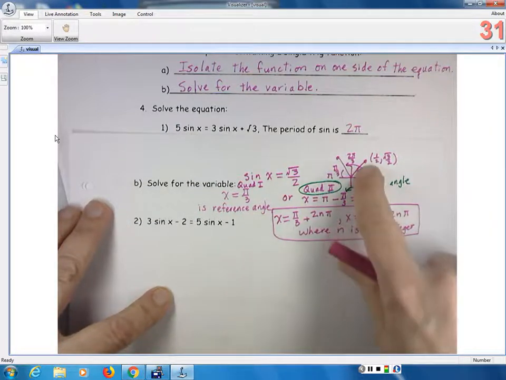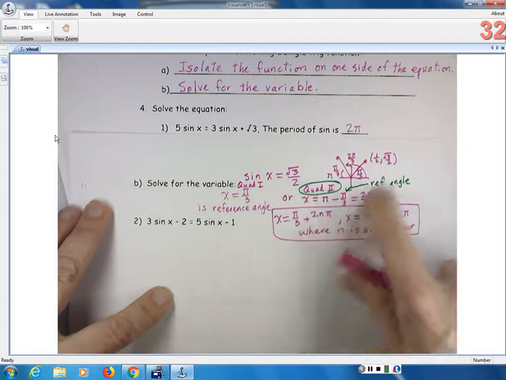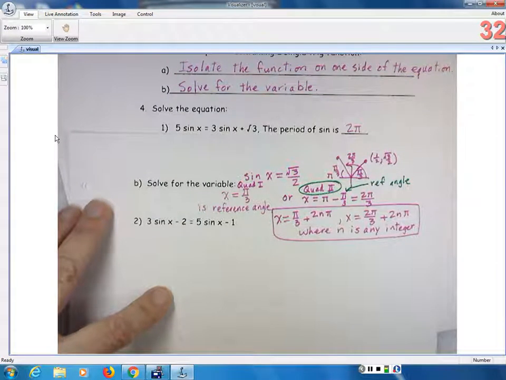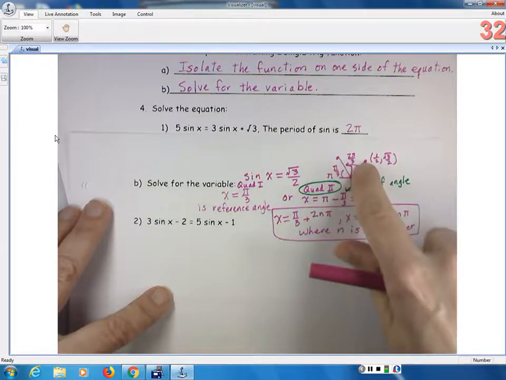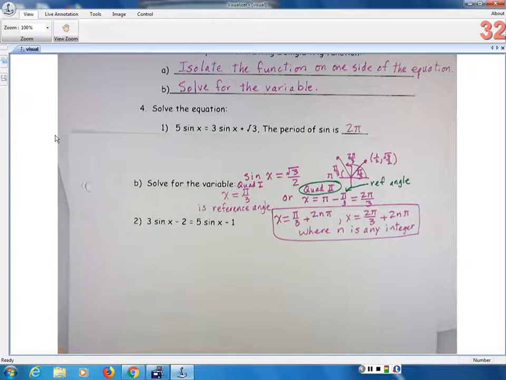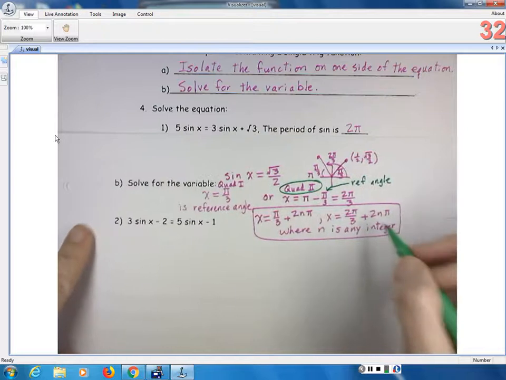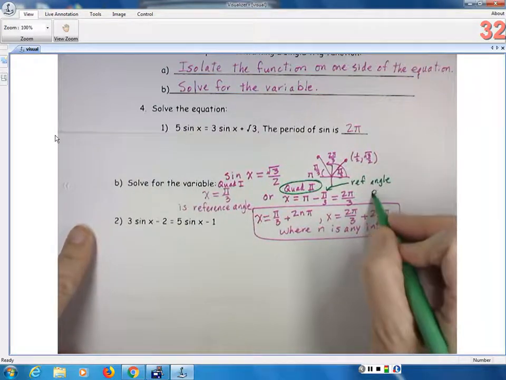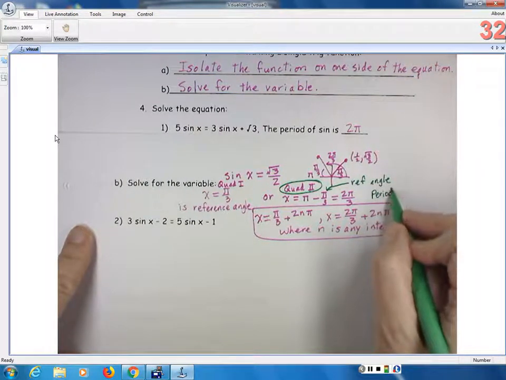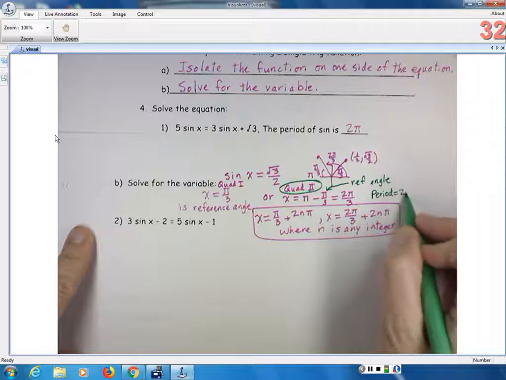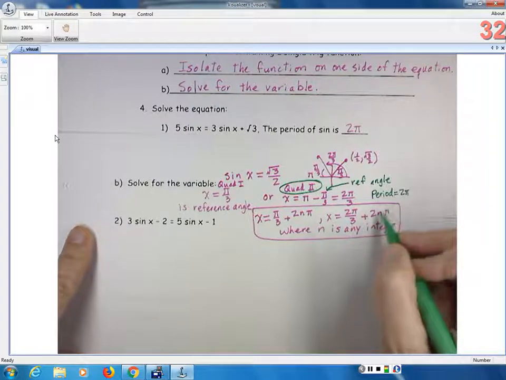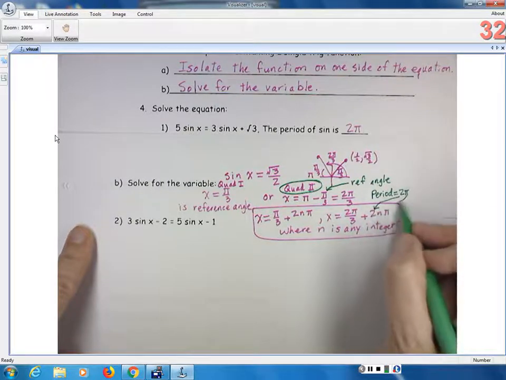And you can keep adding 2n pi, or n times 2 pi. Or n could be negative, so if you subtract the 2 pi, you'll be here again. The period where it starts repeating itself is 2 pi, and that's where we got the 2 and the pi. Good question.